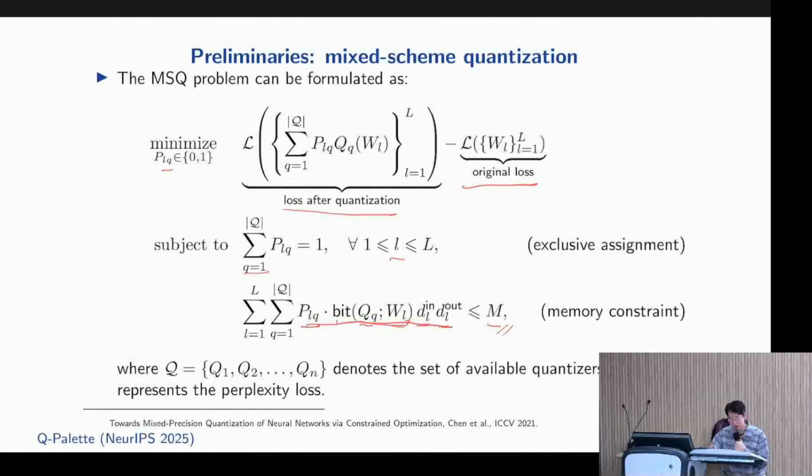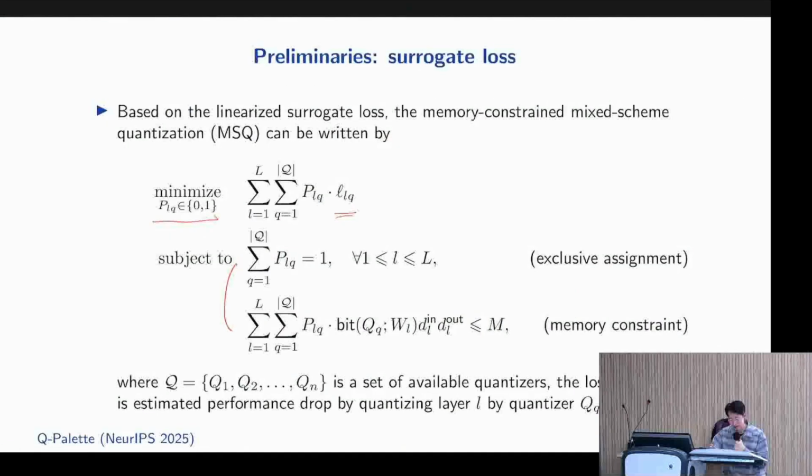Of course, we cannot use this objective as is, so we're going to simplify the objective a little bit. Like the previous lecture, we're going to use a linear surrogate. L of LQ is, for that specific layer, if you use that specific quantizer, what is the drop in the loss?